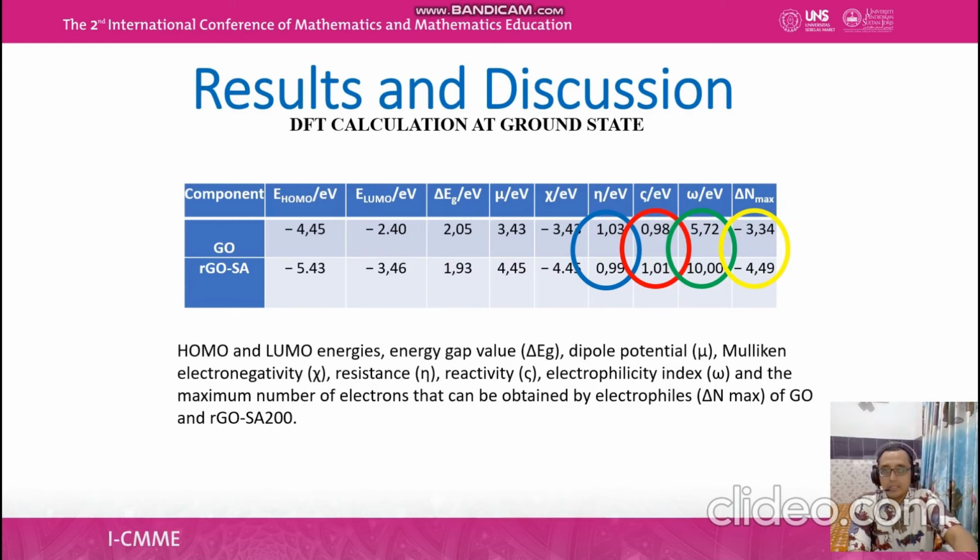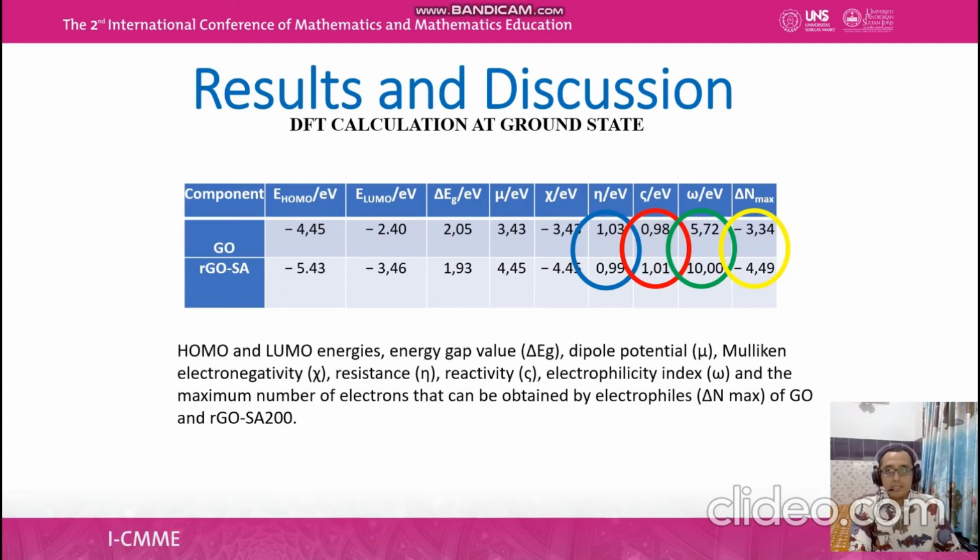The electronegativity of the molecule is the negative of the electronic chemical potential. The higher value of the electronic chemical potential of the RGO SA 200, 4.5 electron volt, is associated with more possibilities of swapping its electron density in the ground state.